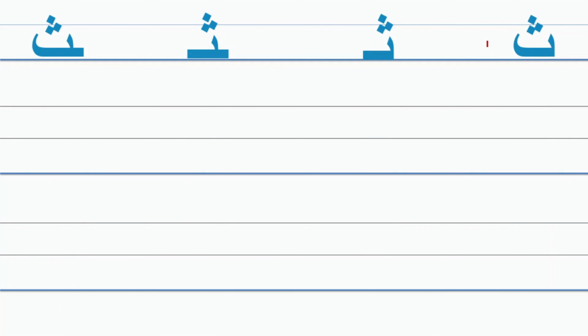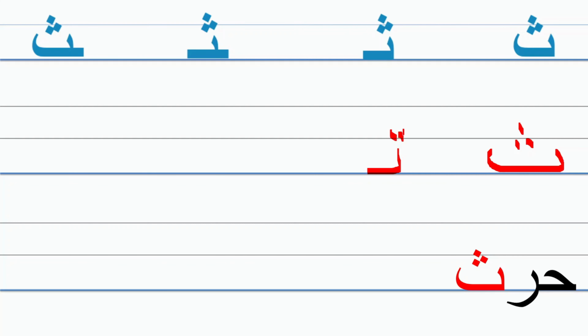Let's go to tha. Tha, which we pronounce th, tha. Tha for basic, 1, 2, 3 dots, the same body with different dots. My word is haratha, he cultivated. So this is tha basic, not attached. Then tha initial, which is starting the word thum, garlic.